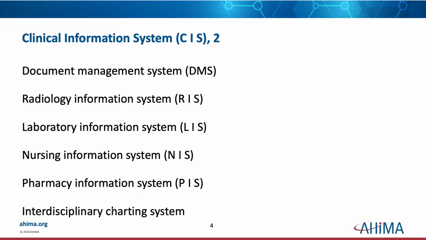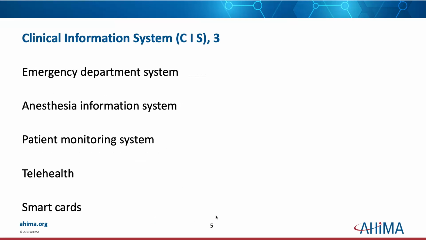Lab information system, nursing information system, pharmacy information system, and then there is usually an interdisciplinary charting system for dietitians, physical therapists, occupational therapists, speech language pathologists, all of those allied health ancillary folks who are involved in direct patient care. Okay, emergency department as well, and then you have anesthesia because, of course, anesthesia is somewhat different than surgery. Typically, your surgery systems have an integrated anesthesia information system.